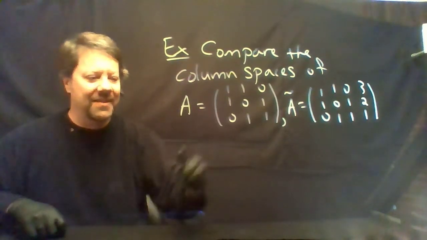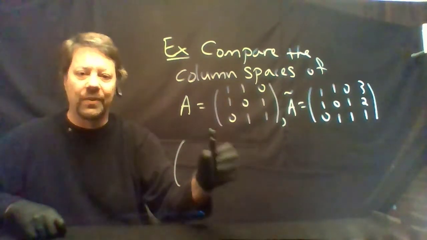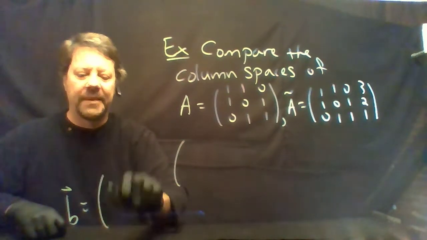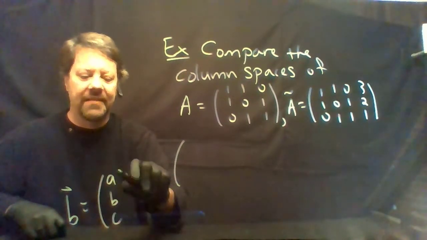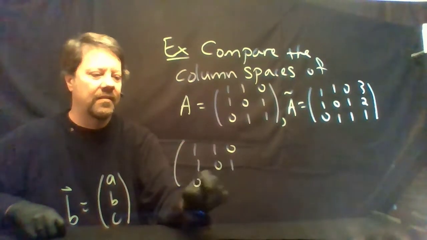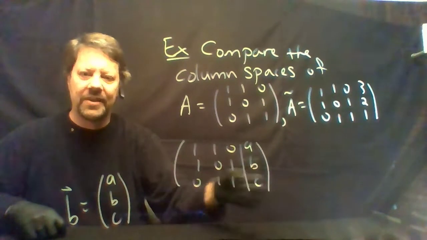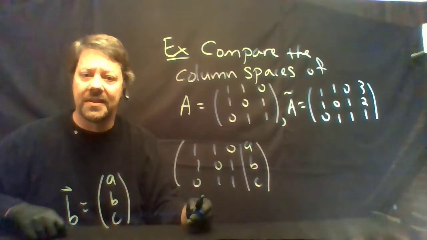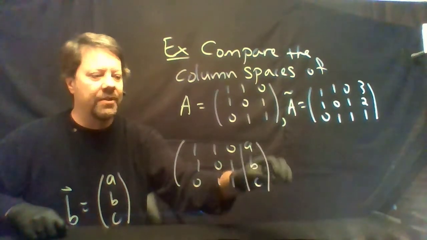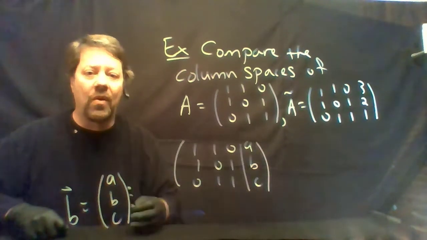For the first matrix, we'll see if AX equals some vector B, where we'll set B to be A, B, C. We'll see whether or not this is consistent. If this system is consistent for an arbitrary vector A, B, C, then it will span all of R3.